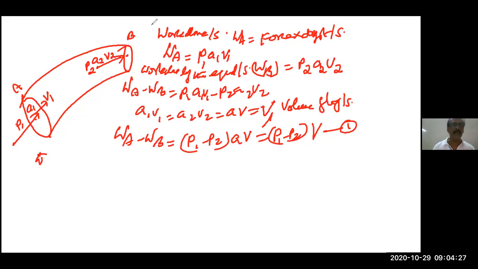By the work energy theorem, work done P1 minus P2 into capital V is equal to change in potential energy first. Change in potential energy means this is at a height H2. I forgot to mark it. From the ground, we have to take this height as H2.